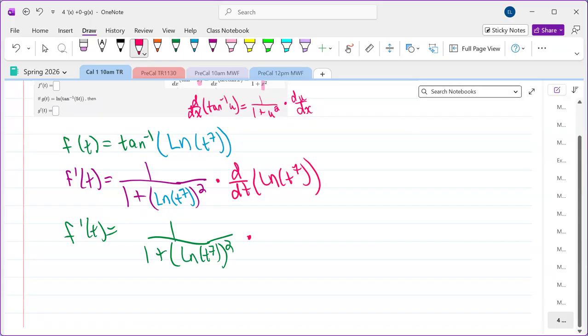Now, the derivative of natural log of something is 1 over something times the derivative of something. The derivative of t to the 7th is 7t to the 6th.